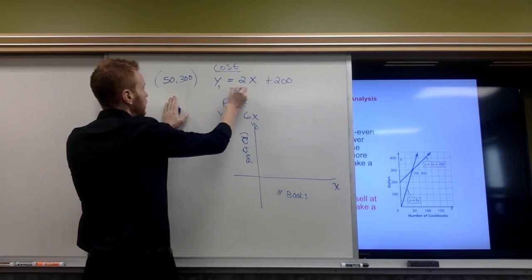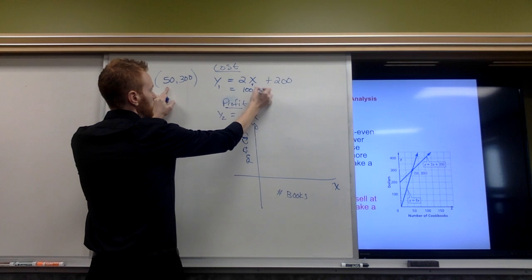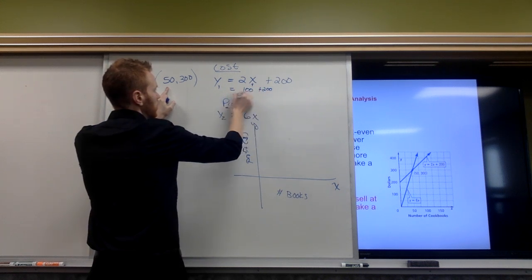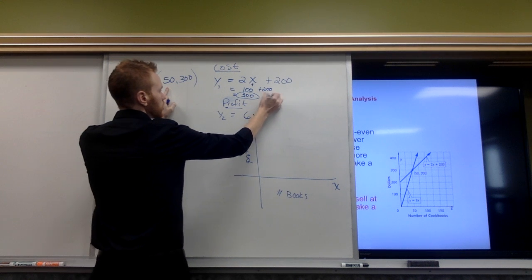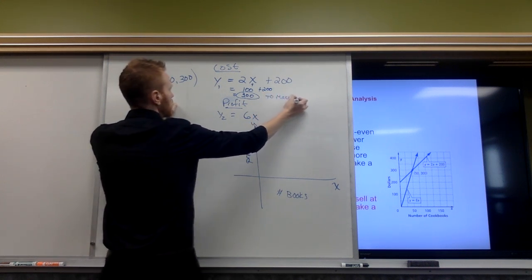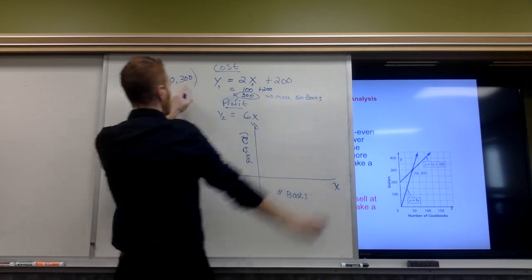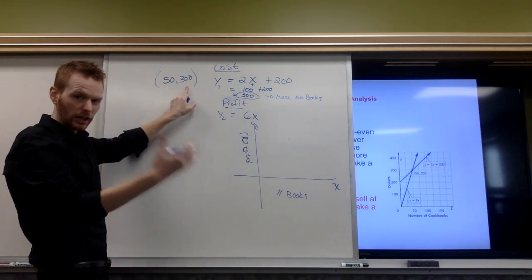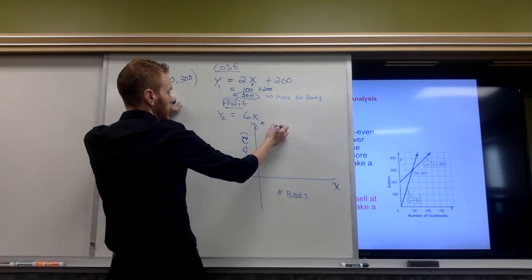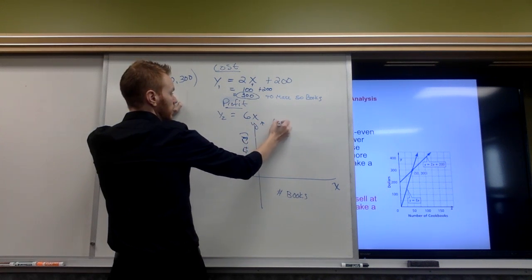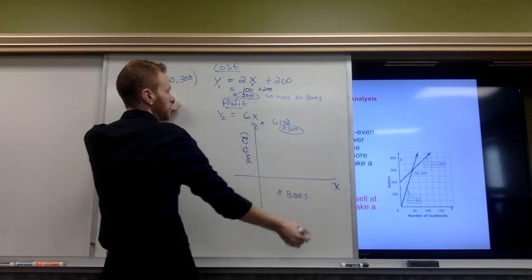You're earning nothing. But let's see that actually written here. If I put in 50, that's 2 times 50 plus 200, so it's going to cost you $300 to make 50 books. That's the output. I'm just checking to see that this is good. If I look at $6 a book, that's 6 times 50, that's, once again, $300 I'm making.